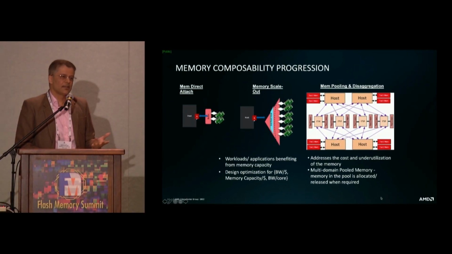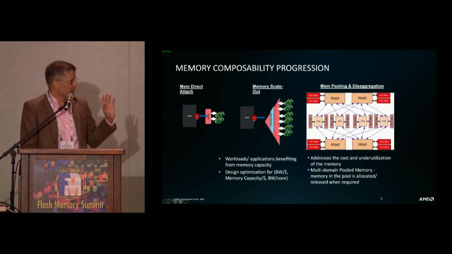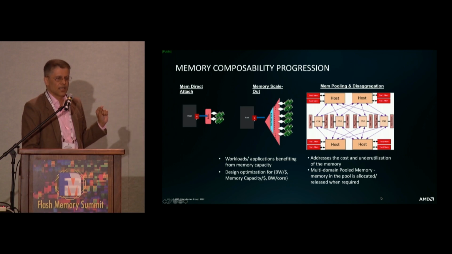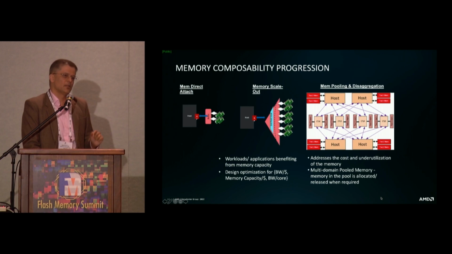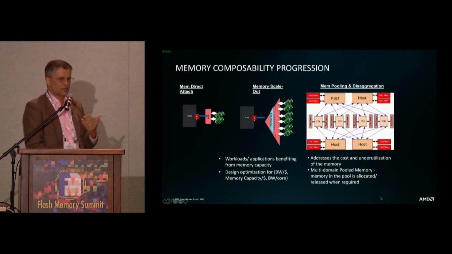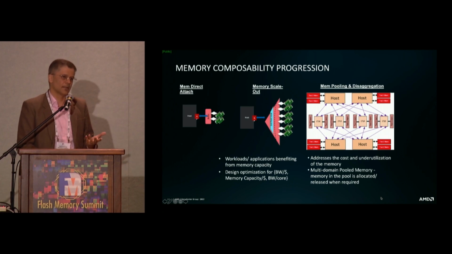Now things get really exciting when you talk about pooling and disaggregation, because in that scenario you are not only able to meet the application performance, you are able to meet it most optimally. The earlier speaker talked about how you can tier DDR5 with DDR4. This is one way of mitigating the costs of DDR5.